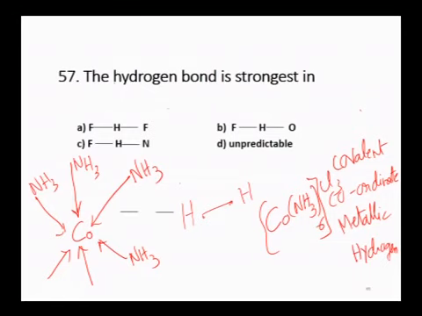In chemistry, generally, hydrogen bond takes place between fluorine, oxygen, nitrogen only with hydrogen. Among these three, fluorine is the most electronegative. Hence, the strongest bond is formed between hydrogen and fluorine.